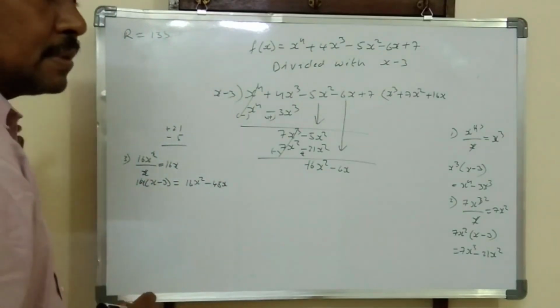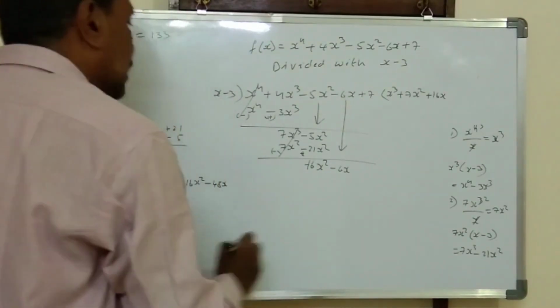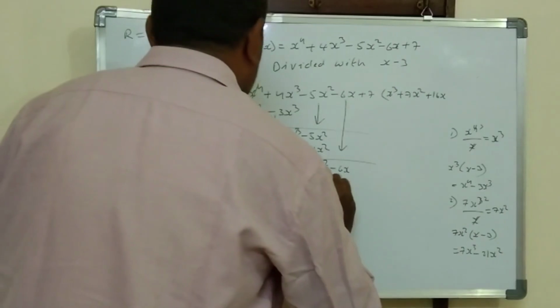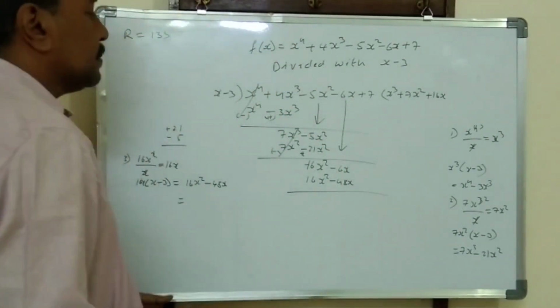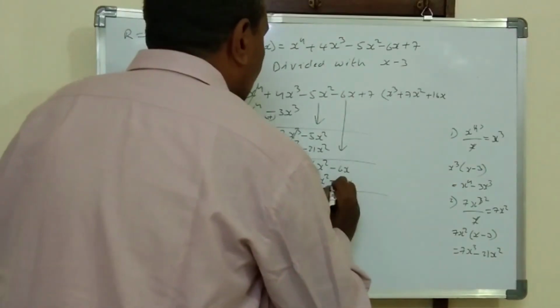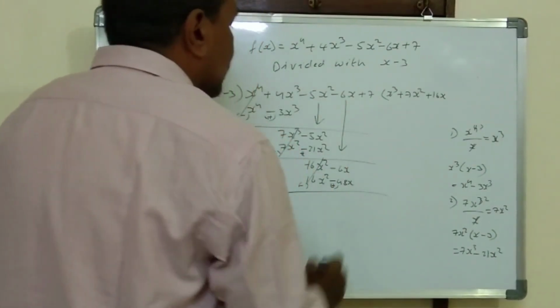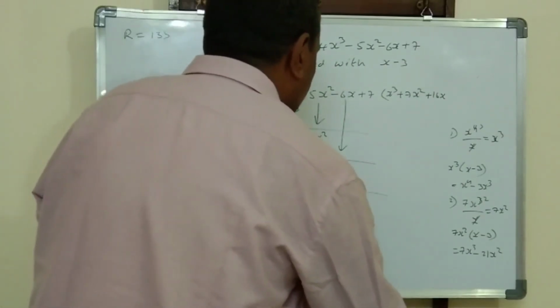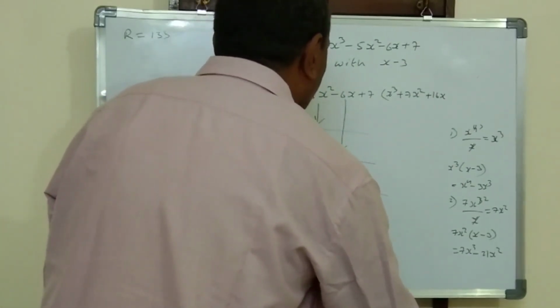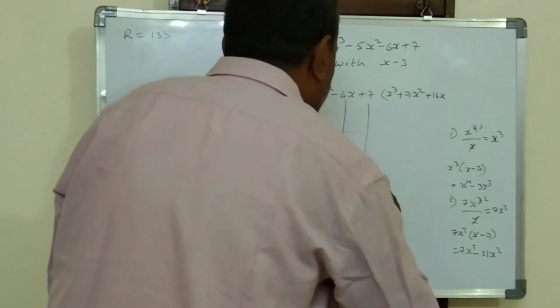That is equal to 16x square minus 48x. Minus plus, so that becomes plus 48 minus 6, that is equal to 42. 42x plus 7.